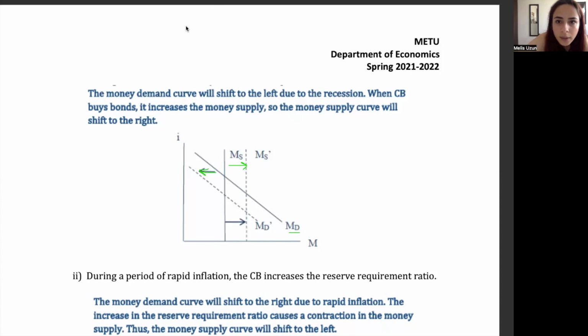So the new curves: the new money supply curve is this one, and the new money demand curve is this one. You need to remember that if the central bank buys bonds, money supply will increase. If there's a recession, the money demand curve will shift to the left. We learned that before.